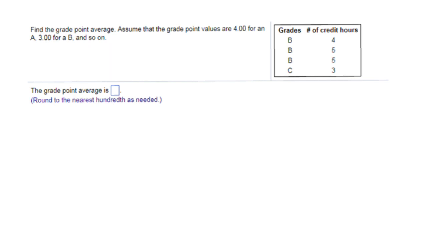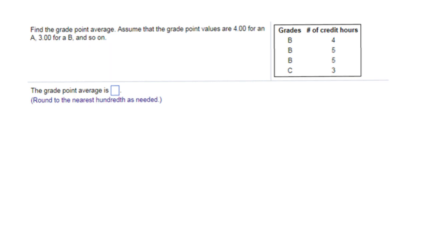Now remember, you want to put in the point values. So a B is worth 3 point values. So I'm going to put that 3 in right here. This B is worth 3, and this B is worth a 3. Earning a C is worth 2 on the point values. We're going to multiply these items straight across, the point value times the credit hour.